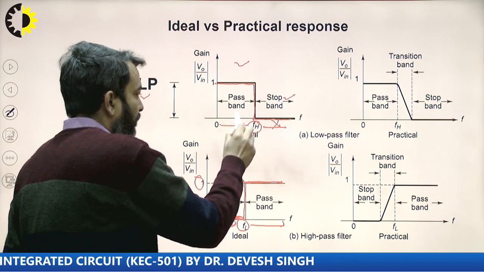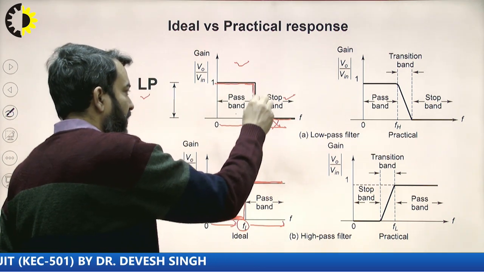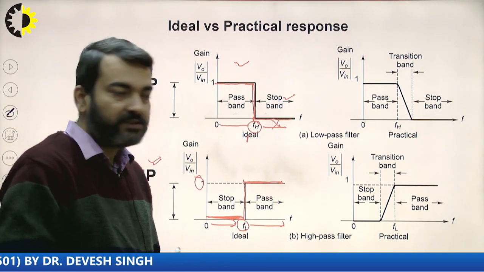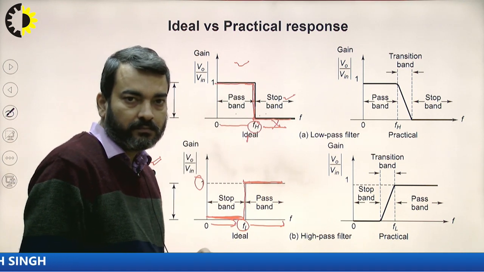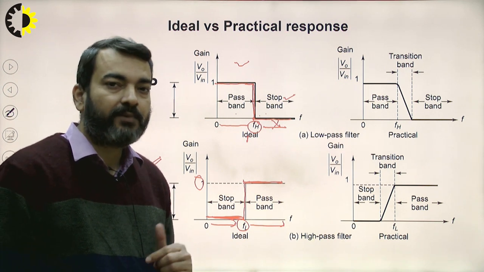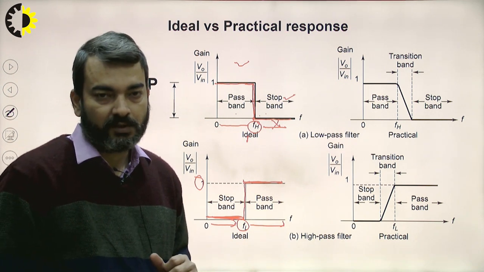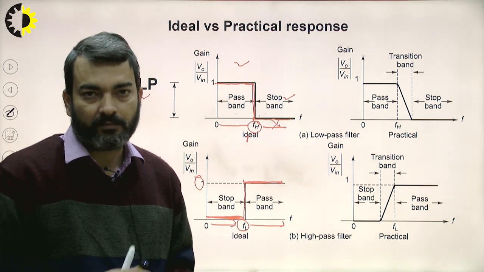Note that from pass band to stop band, we have a sharp vertical transition. Means gain value is switching from 1 to 0. But in case of practical filters, we will not have a sharp transition from pass band to stop band.